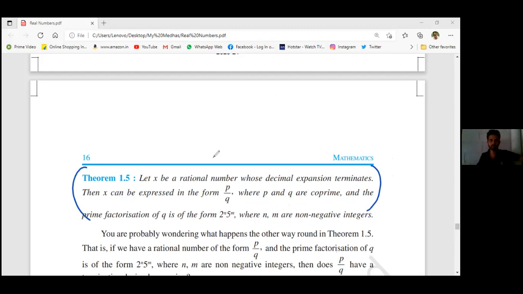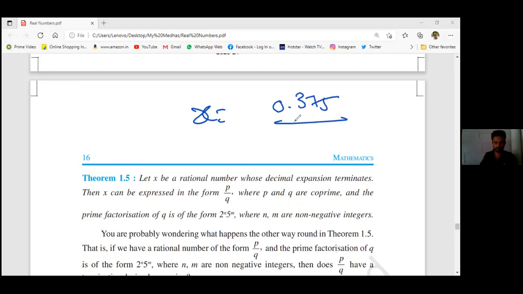Fine. So this theorem states that if x is any rational number, like we have considered 0.375, right? This has a decimal expansion which is terminating.